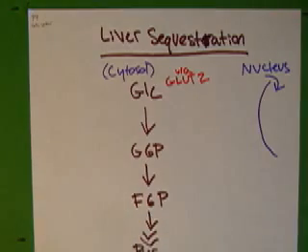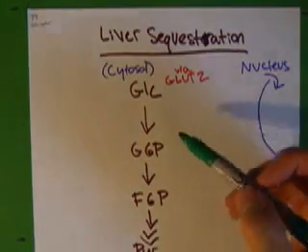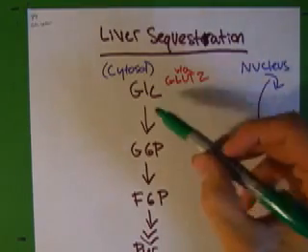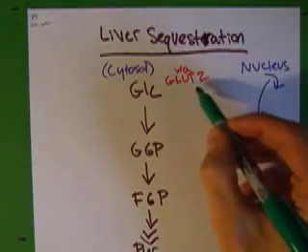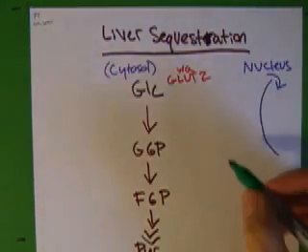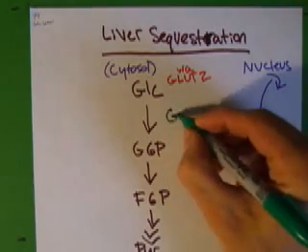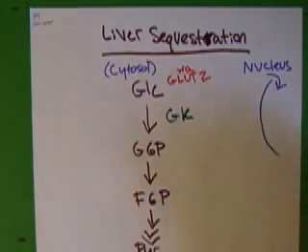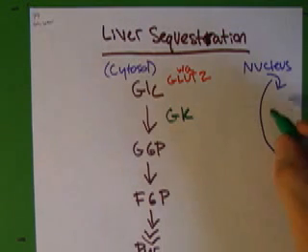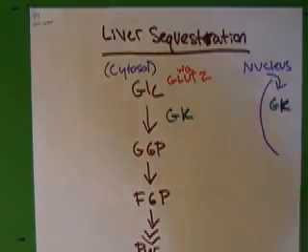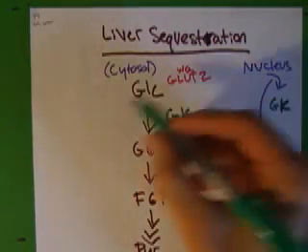So the next topic is liver sequestration. Remember, glycolysis is happening in the cytosol, so if we are bringing glucose in from the liver, we're going to use GLUT2, and because it's in the liver, we would use glucokinase. Now, glucokinase is stored over here in the nucleus, and the thing to remember about glucokinase is that it is a glucose sensor.